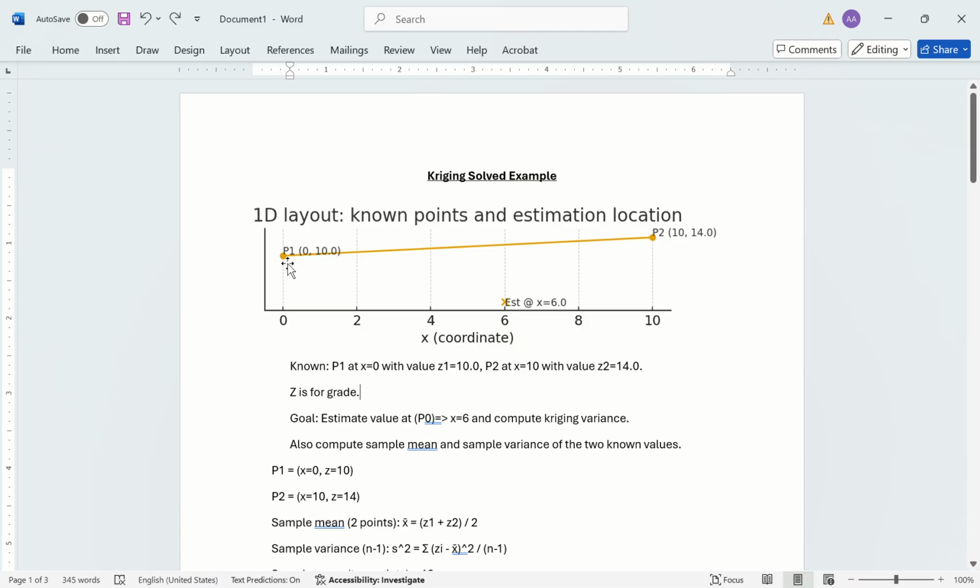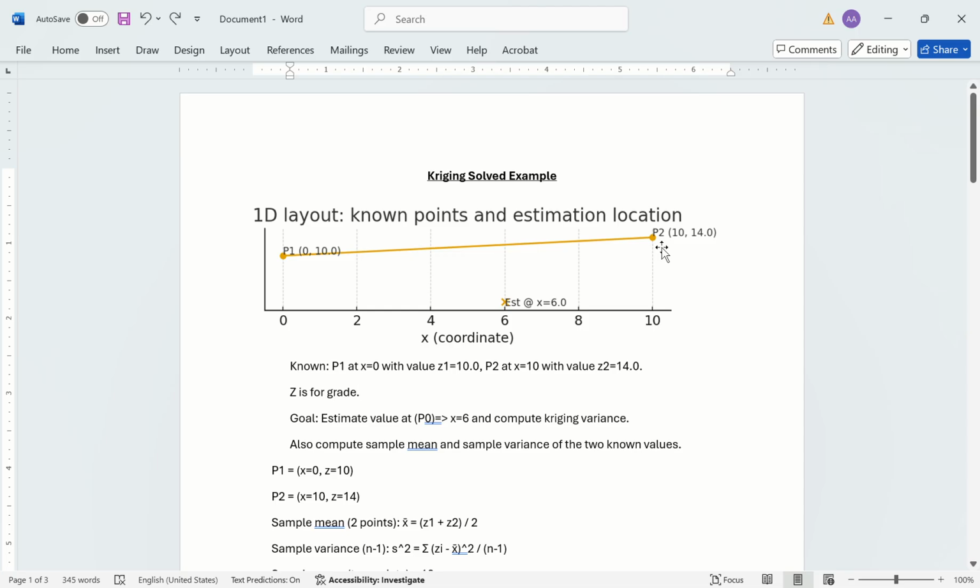Say we have this point P1, it has x value or distance 0. Suppose it is the origin, and then this second coordinate is for grade, which is usually denoted by say G or Z, whatever.